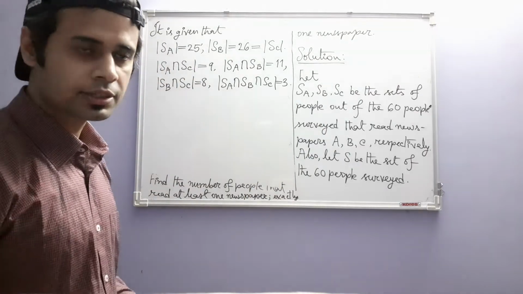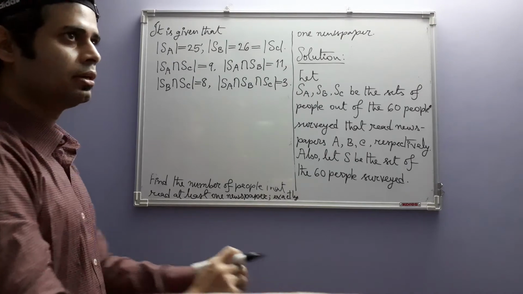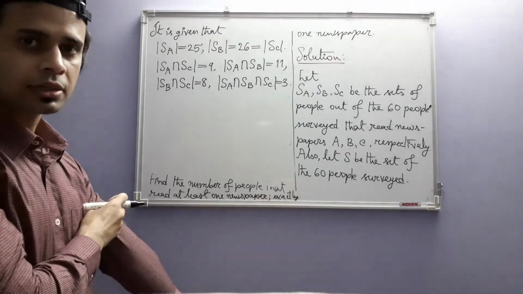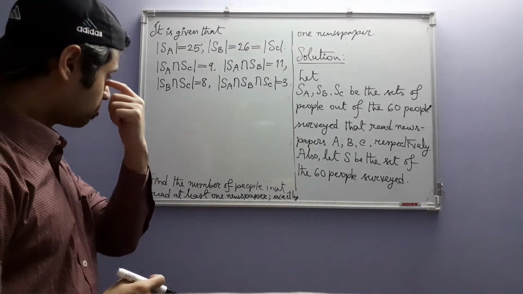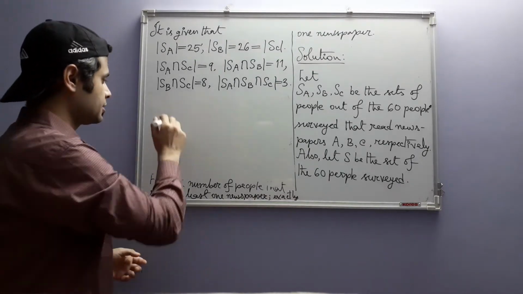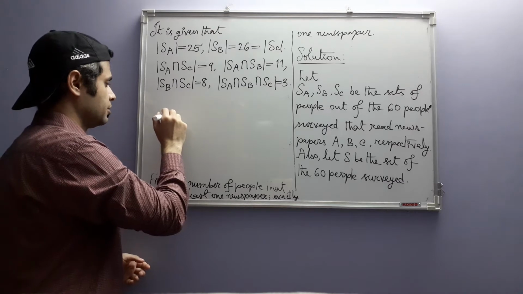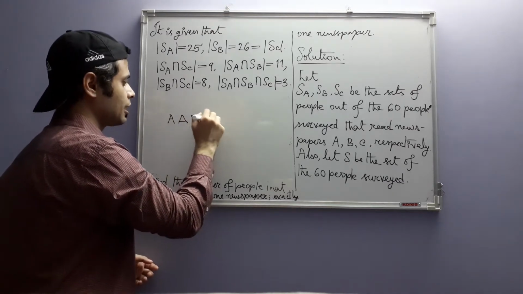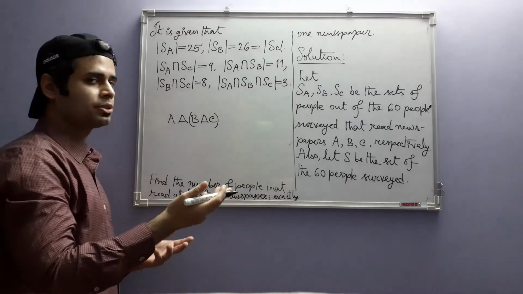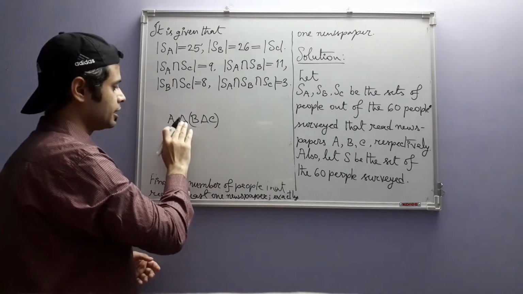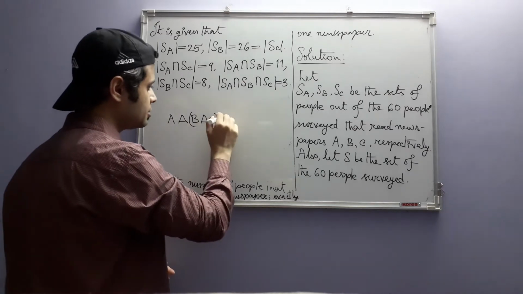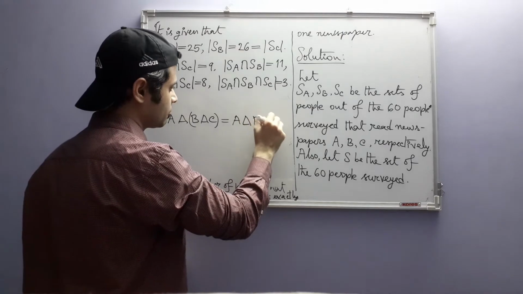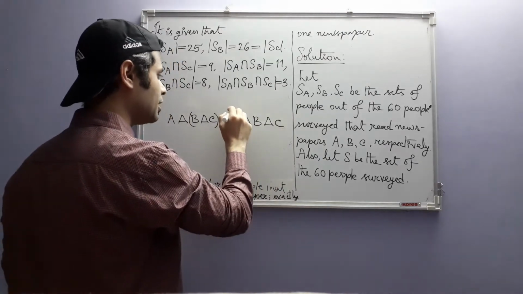Since there are 3 sets, we have already seen while discussing the operation symmetric difference of sets, that symmetric difference of 3 sets is associative. Remember, we have not proved this.